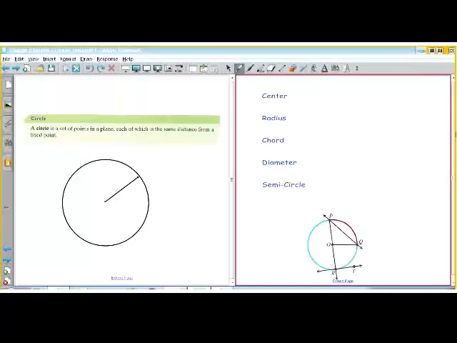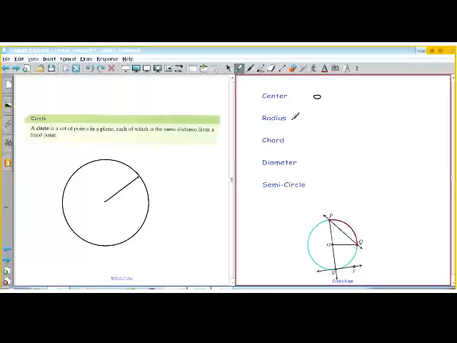So the center, that's not too difficult. The center is a point. So we would just say O is the center. That's the point where all the other points on the circle are an equal distance from. Now, you think of radius as being a number, like 5 feet or 2 inches.